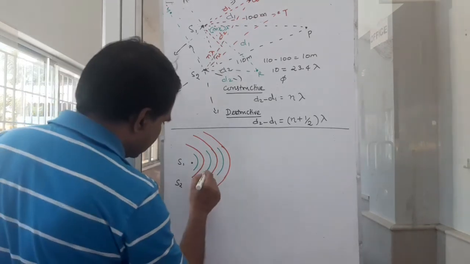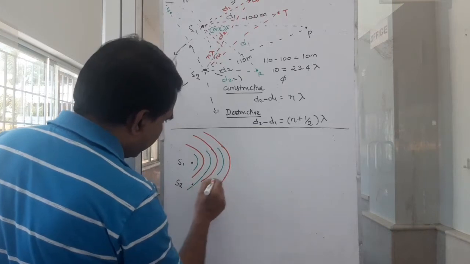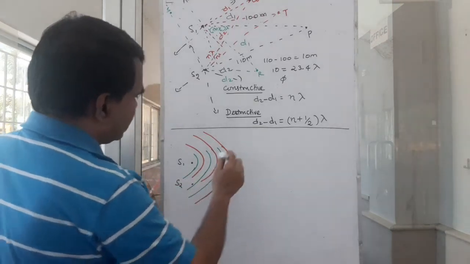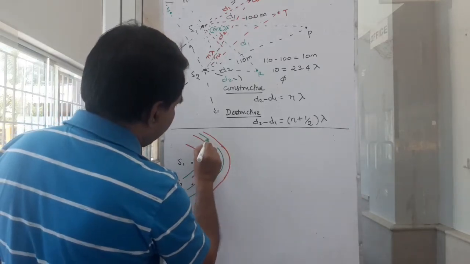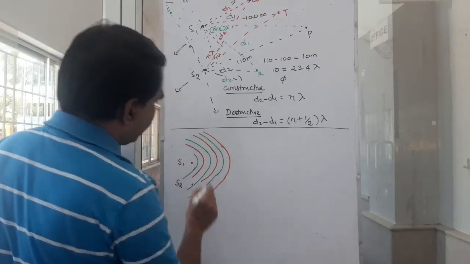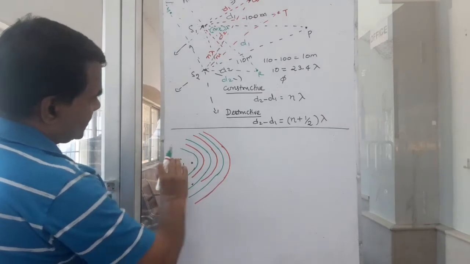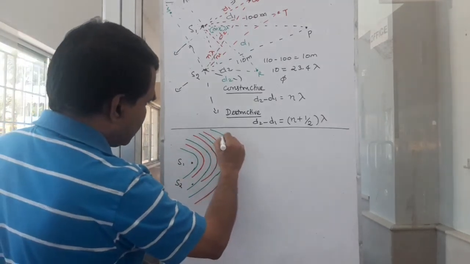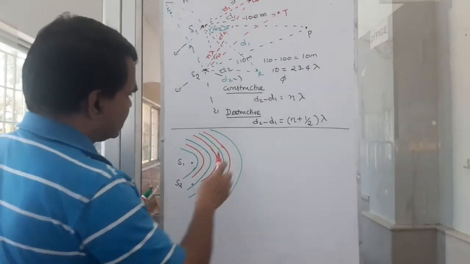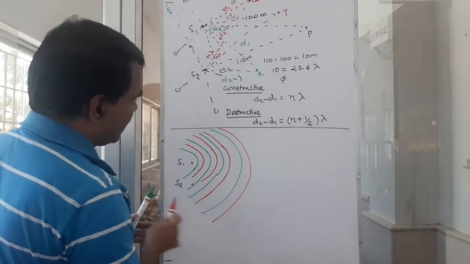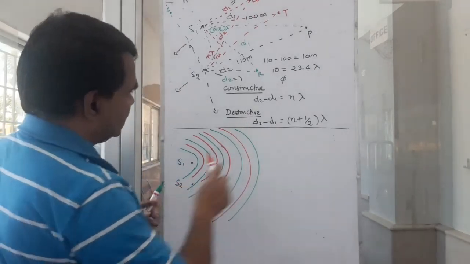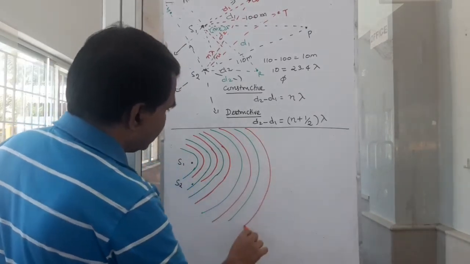So I can also extend this. So this is the wave traveling from this point. Something like this. And then valley, peak, and then valley.